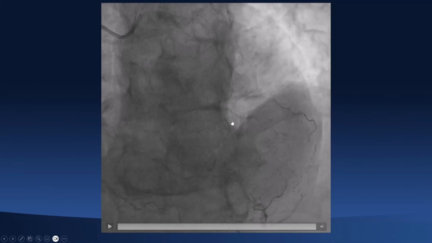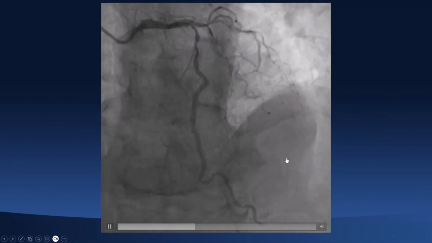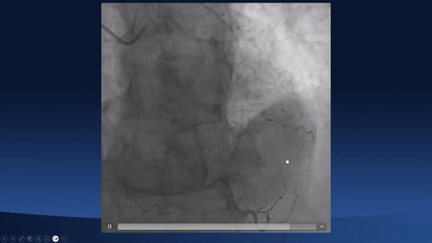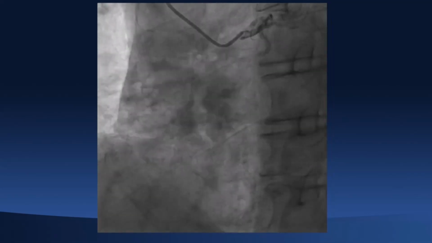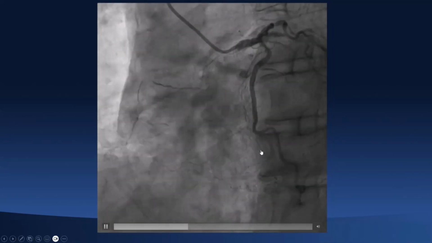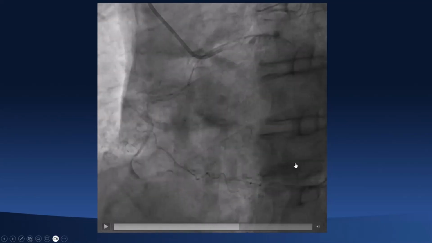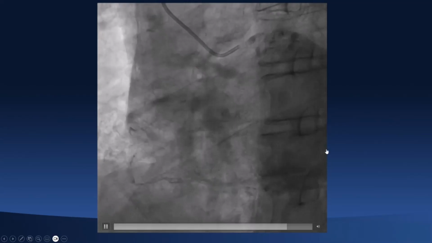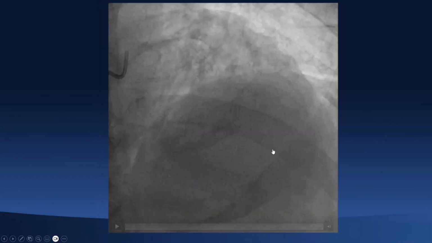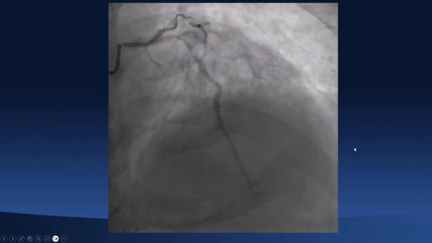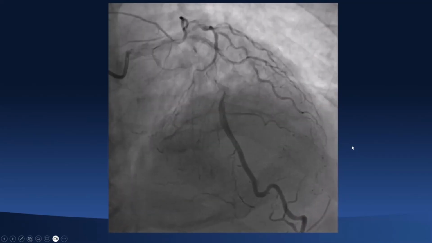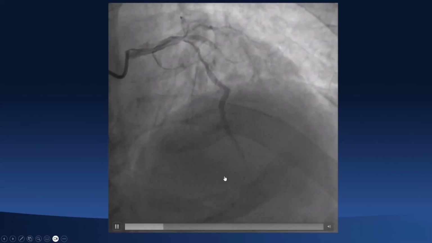There was an obvious stenosis in the origin of the first diagonal branch. So this is a true bifurcation lesion. We also found over 70% stenosis, as well as severe calcification, in the middle segment of the LCX.